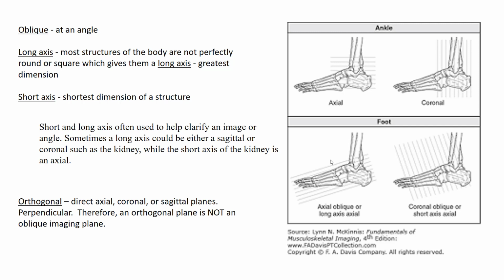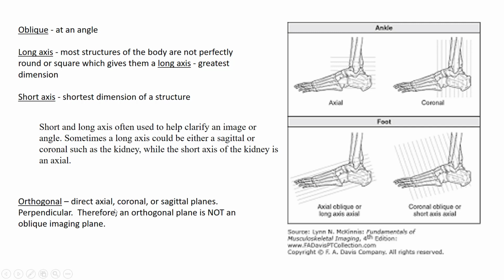But if you do the short axis of the bone and you want to see multiple components of that bone, you would do an axial, and you will get multiple slices through that body part to see the whole thing. You will have to do that on a coronal or a sagittal as well, but you'll see the majority of the bone in one image versus just little pieces of it at a time. Same thing with the kidney. Sometimes a long axis of the kidney could be either a sagittal or a coronal, but the short axis would be an axial.